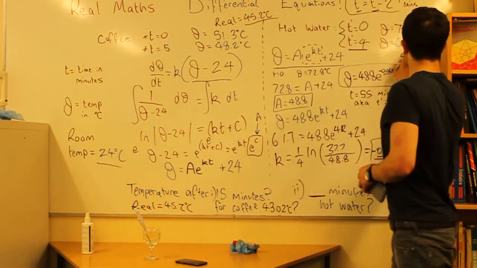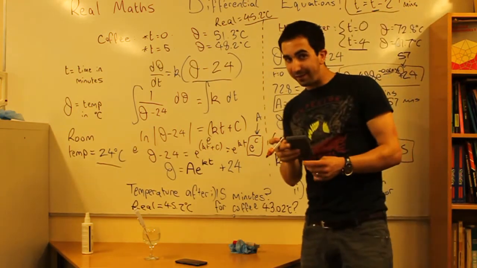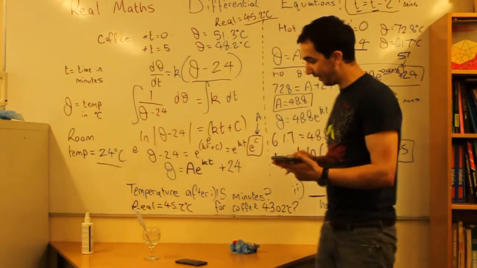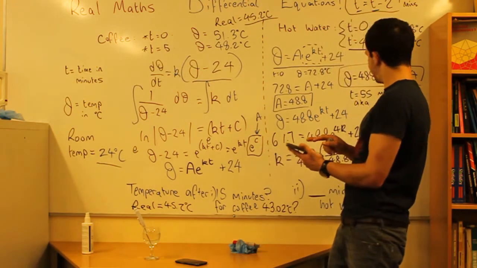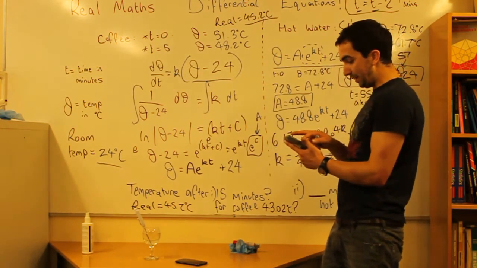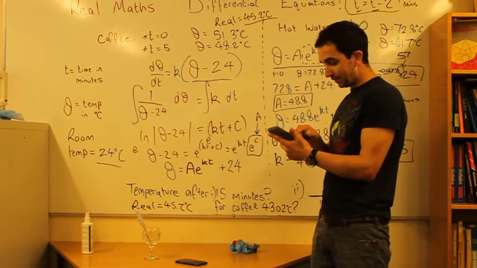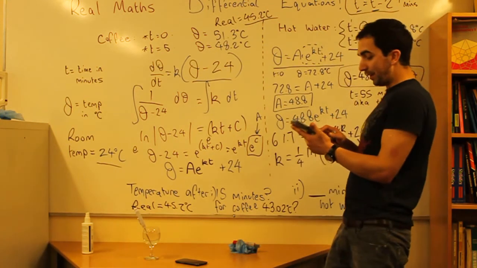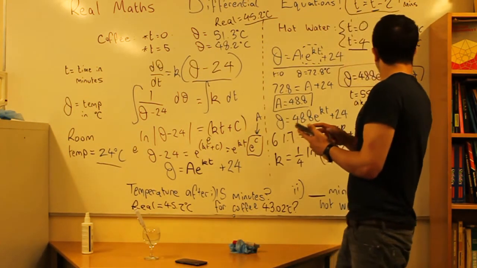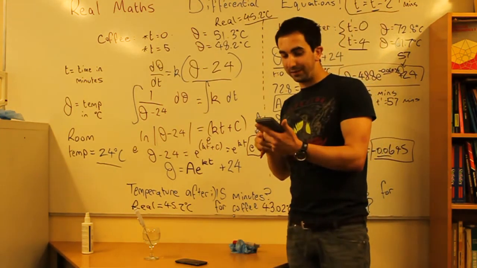We're going to be putting into our equation 57. On your calculators, because you'll probably do a better job than me at the minute, we're going to put in 48.8 times e to the 0 minus 0.0645 times by 57, add 24. And let's cross our fingers, hope this works.